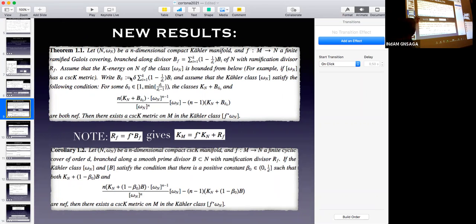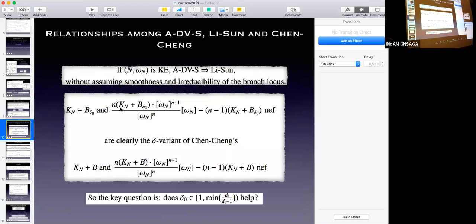And nobody is even saying that the components are smooth. The branch locus is completely arbitrary, and the ramification divisor too. So in this sense, this strengthens a lot what we knew also in the Kähler-Einstein case. There is no need for this kind of strict geometric assumptions on the ramification or the branch locus. So this was the discussion about the statements.